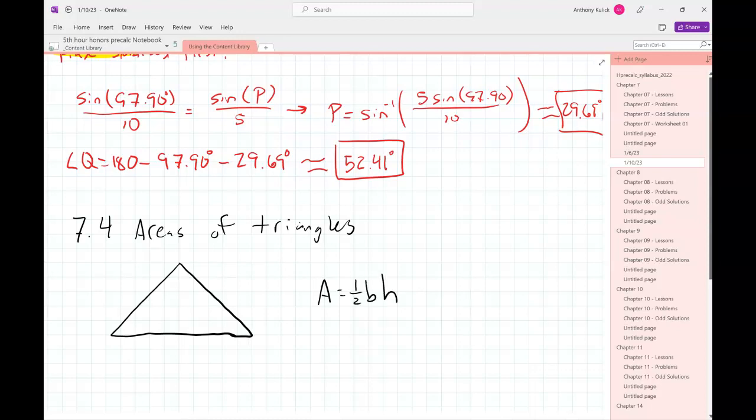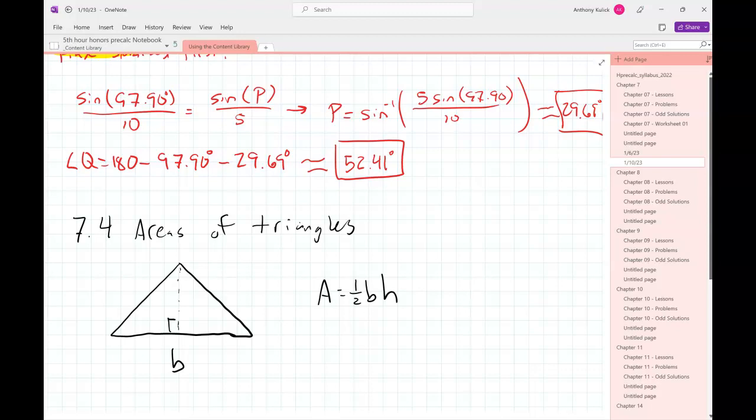So if I have some triangle that I've drawn here, what part's the base? Yeah, one of the side lengths you can call the base. The bottom's fine. So what's the height then? Yeah, it's the altitude. It's the perpendicular line to the base that intersects the opposite vertex.